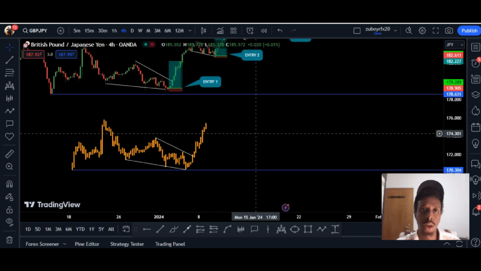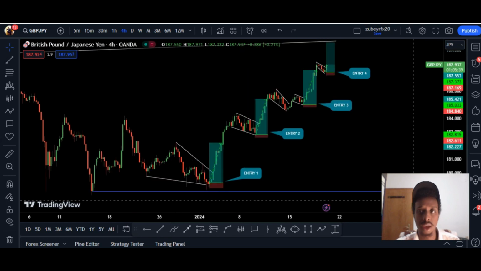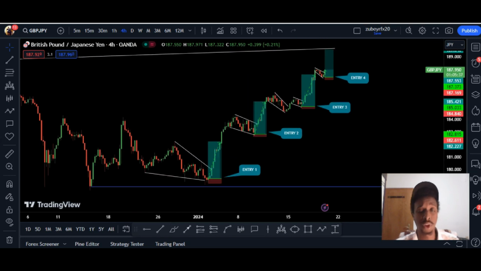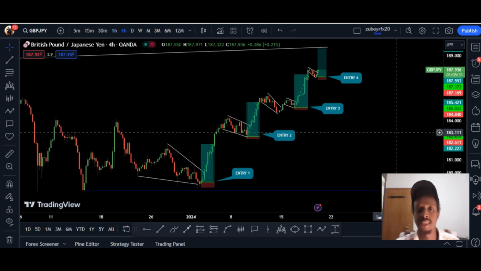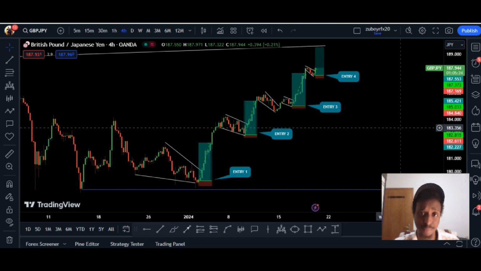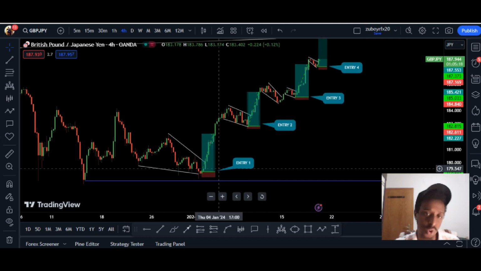A lot of you know this pair is JPY. We have been analyzing JPY starting from 3rd January 2024, and you can see, guys, in 2 weeks, today is 18 January 2024, we are almost at 1000 pips. This was our first entry.